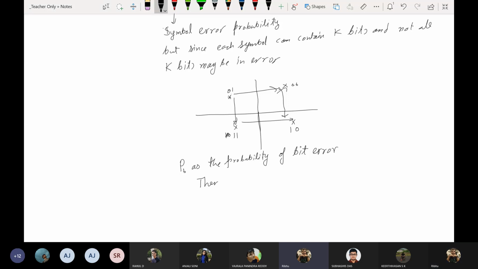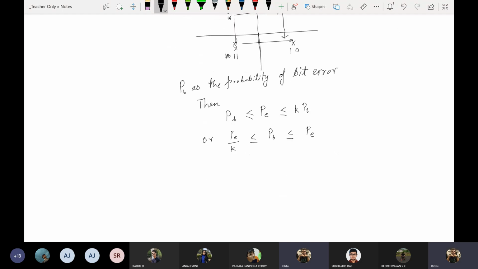Then we have the following inequality relating probability of bit error and probability of symbol error: PB less than this. This inequality holds. Makes logical sense.